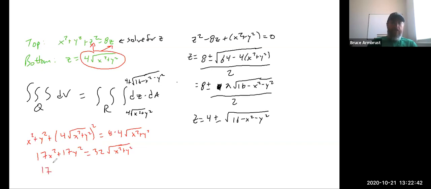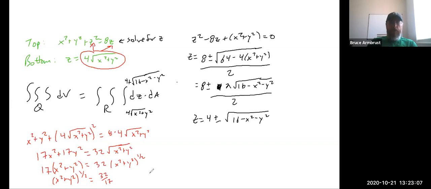Okay, well, that's 17 times x squared plus y squared equals 32 times x squared plus y squared to the 1/2. Let's divide by that x squared plus y squared to the 1/2. So we get x squared plus y squared to the 1/2 equals 32/17.